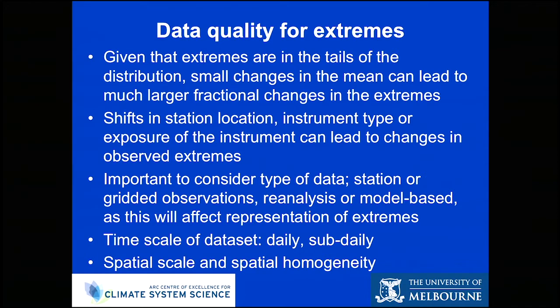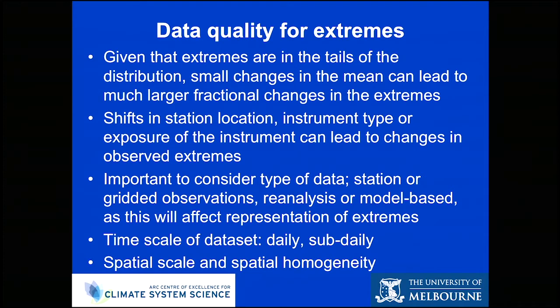But certainly for time averages, you can have data quality issues that will lead to discontinuities. And in fact, most of the techniques that try to detect changes in site location or changes in instrument type use annual means, both for rainfall and for temperature, because they have much smaller variability, and therefore it's much easier to detect small changes.